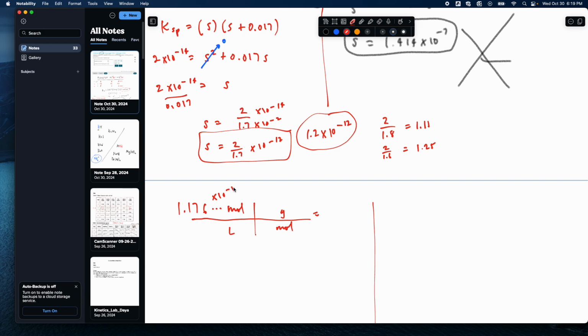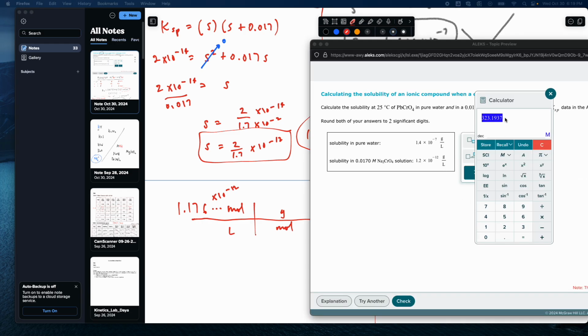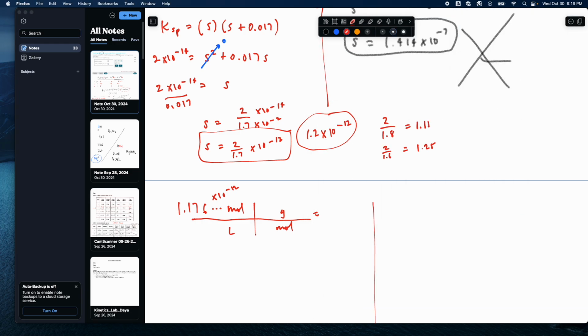times 10 to the minus 12 multiplied by 323. Is equal to, it's just those two numbers put together, isn't it?